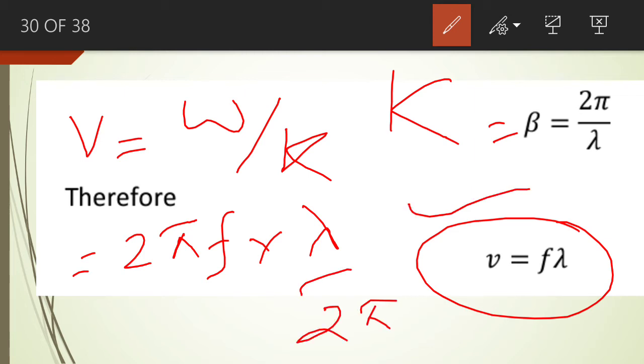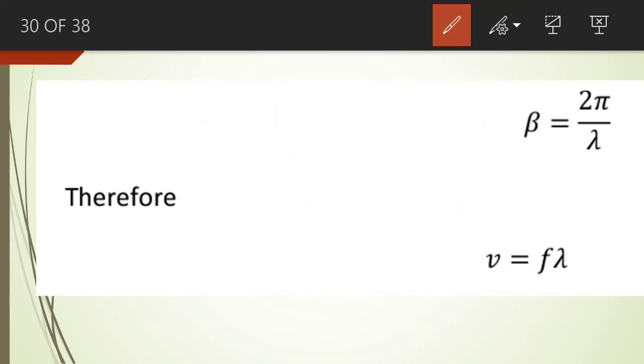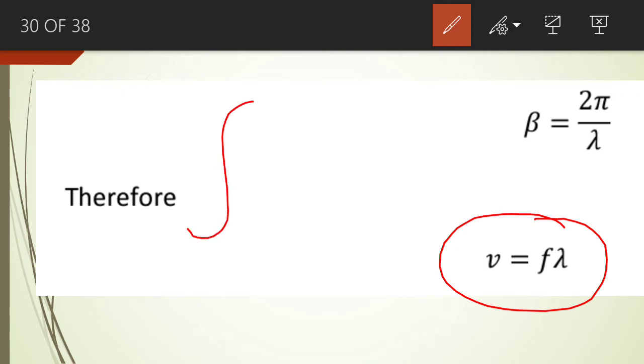So we get this equation, and we can calculate the speed of the wave with the help of this equation as well. From here we can derive the well-known relationship between the frequency and the wavelength of the wave. The frequency is inversely proportional to the wavelength: f is equal to v by lambda.